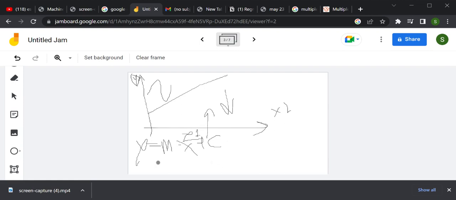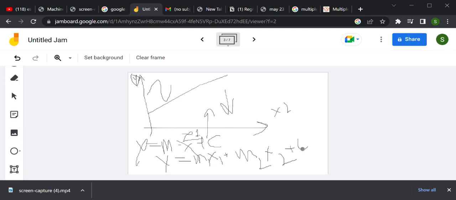Now if there are two variables, x1 and x2, then y is equal to m1 x1 plus m2 x2 plus c.